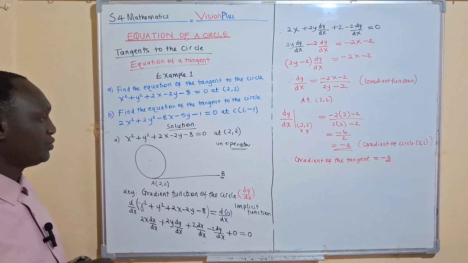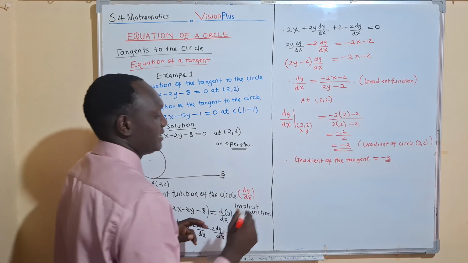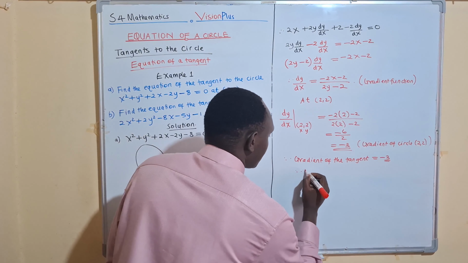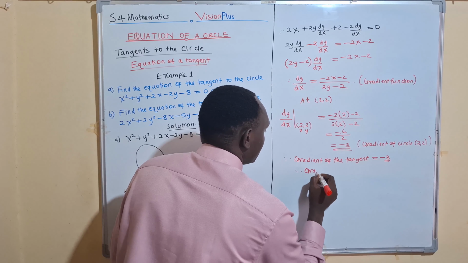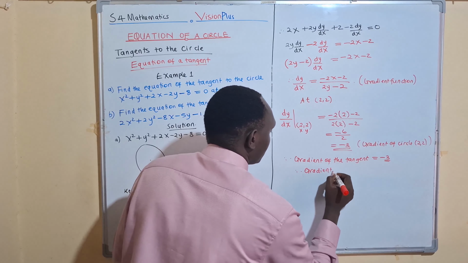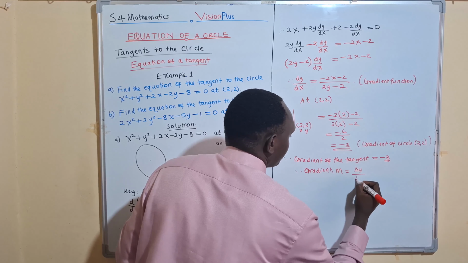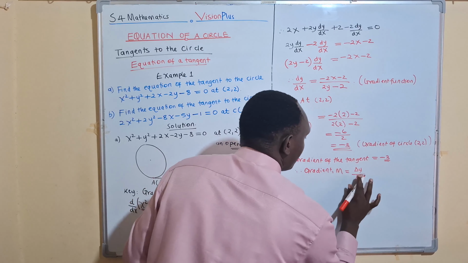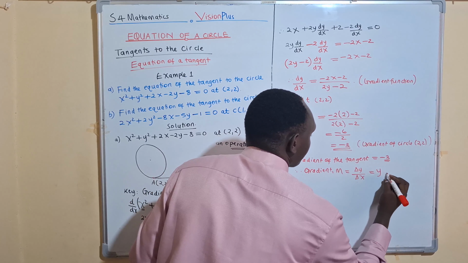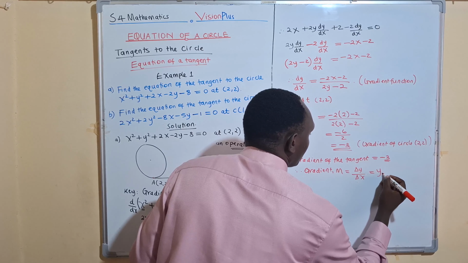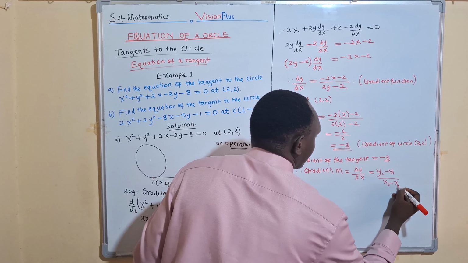Now from there, what do we do so that we get the equation of the tangent? Since that is the gradient, we know that gradient, which is m, in coordinate geometry, gradient m is given by change in y out of change in x. That means we shall have y2 minus y1 out of x2 minus x1.